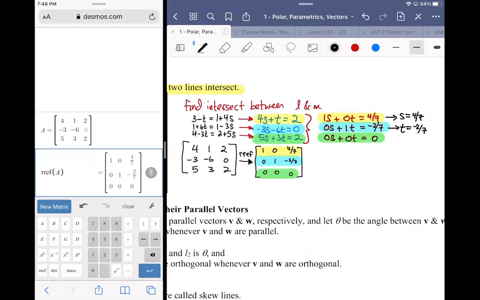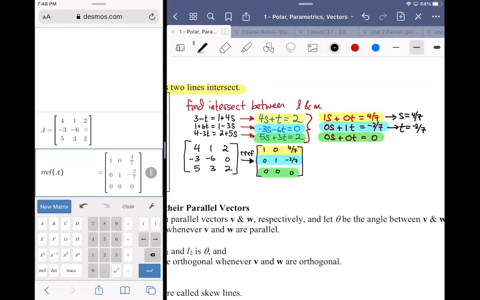Now that's a pretty significant outcome here. You don't necessarily always realize the nature of the outcome until you do the work and come up with, okay, well, what are the equations going to give me when s is equal to 4 sevenths and when t is equal to -2 sevenths? If my first equation has a t value of -2 sevenths, that's going to put it at a specific coordinate, a location on a graph.